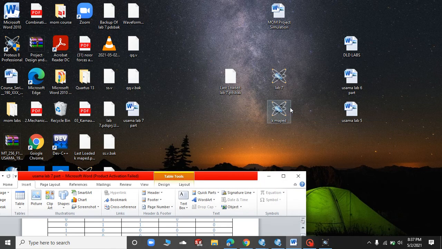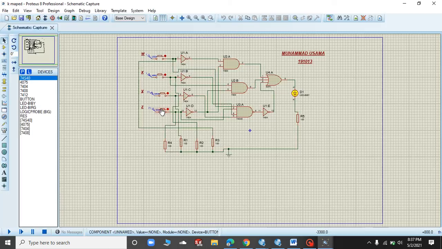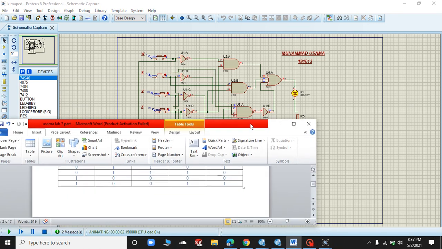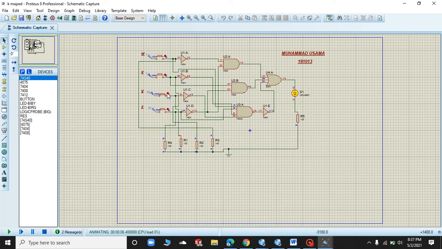And this was the simplified form of the circuit. I would like to show you that the truth table is the same for both circuits. When I run the simulation, you can see that when the 4 inputs are 0, the output I am getting is 1. And when I close this circuit, I am also getting a high output.